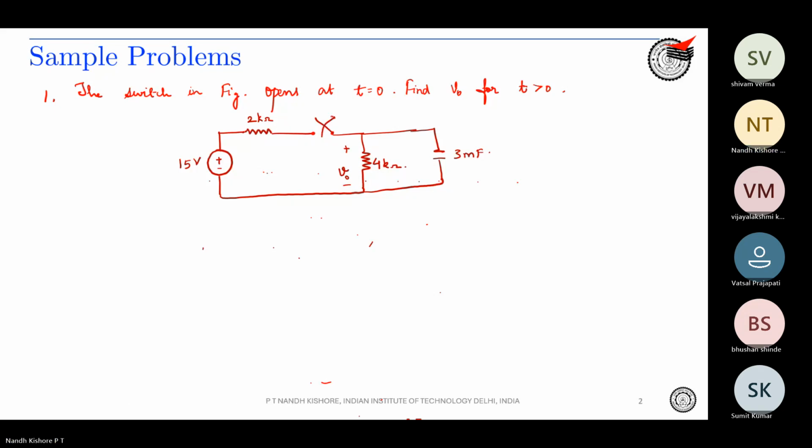And the switch is opening at t equal to 0. Find V naught is the question.